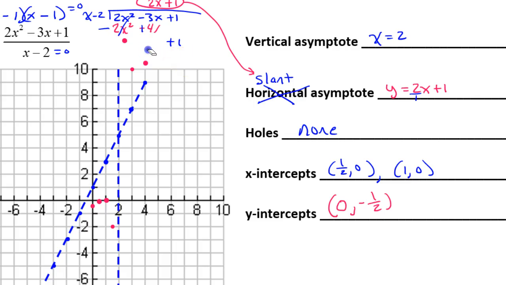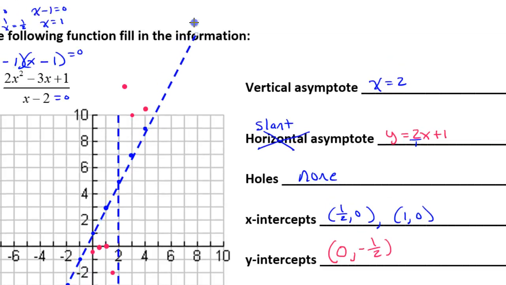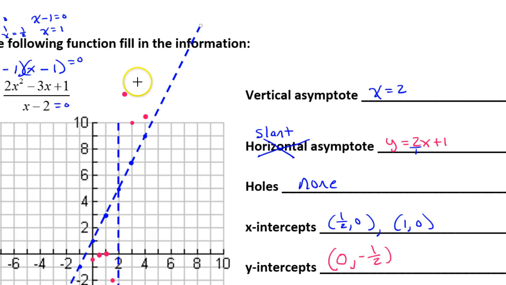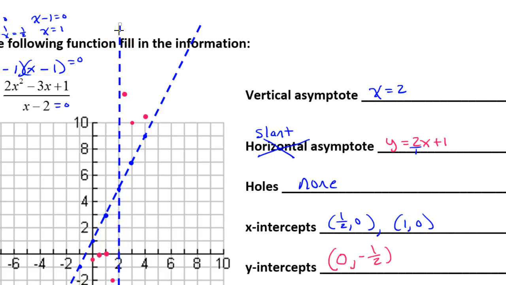So I'm going to erase some of this mess that we used and we're done with. Okay, I'm going to extend out my slant asymptote so we can better see what's going on. Okay, so these 3 points that we plotted over here are enough to give us the idea of what's happening.